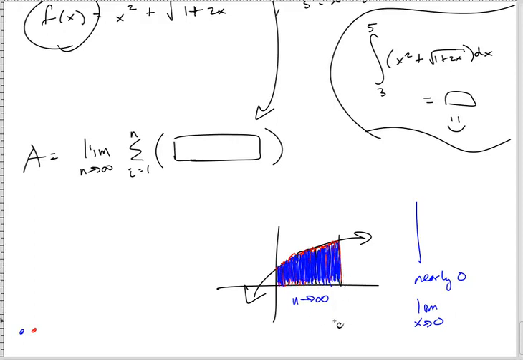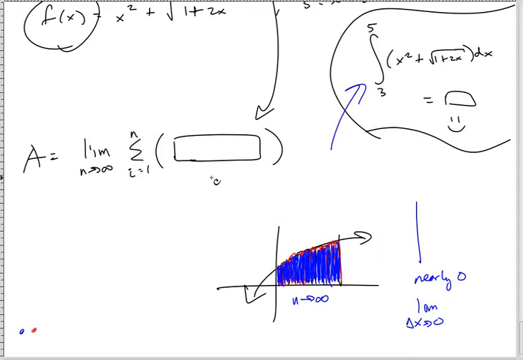So that's infinity. So as my n goes to infinity, my delta x is going to 0 because the distance between them is near 0 and all that kind of stuff, okay? And then we add up all these lines, add them all up, and then we get an answer.